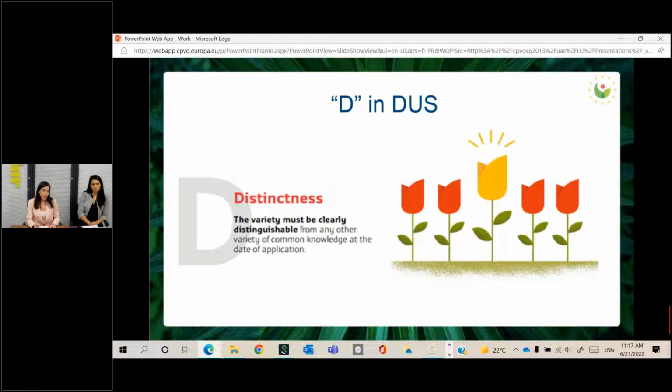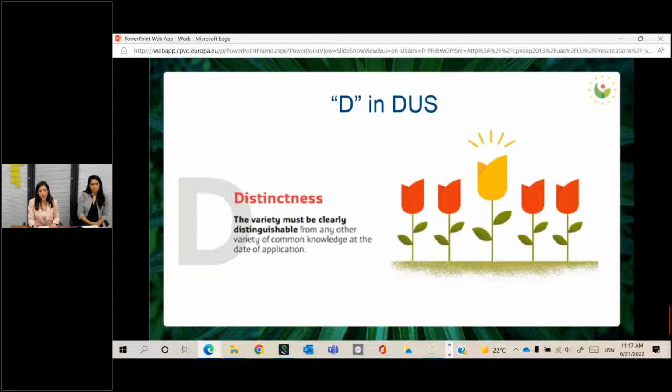What are the elements in the definition? First of all, the characteristics that distinguish a variety are those observable at phenotypic level. And then, the requirement of distinctness lies at the very heart of the rationale of the industrial property protection for plant varieties, because in essence, it means that a breeder has been able to provide a new variety to the state of the art.